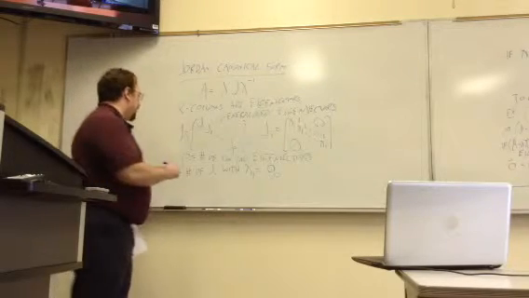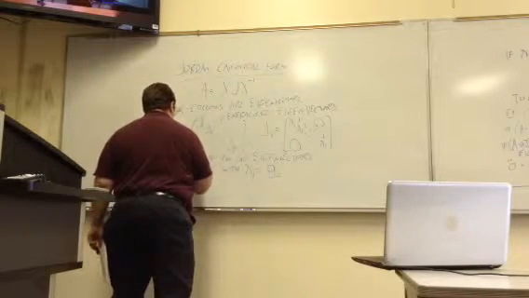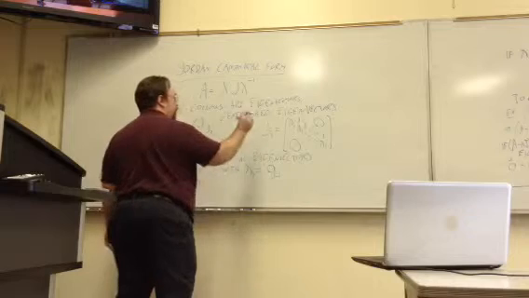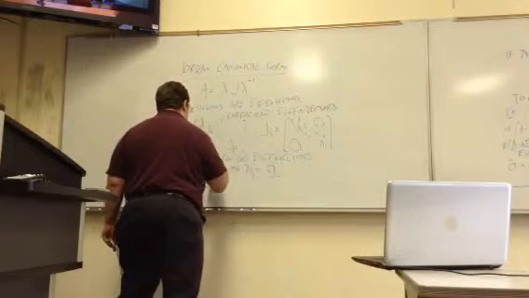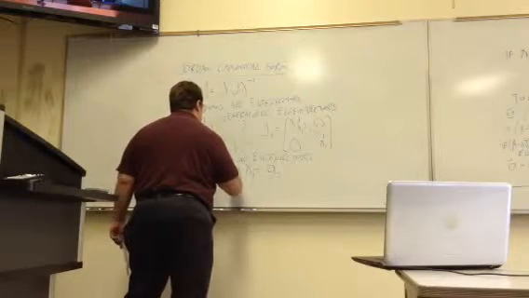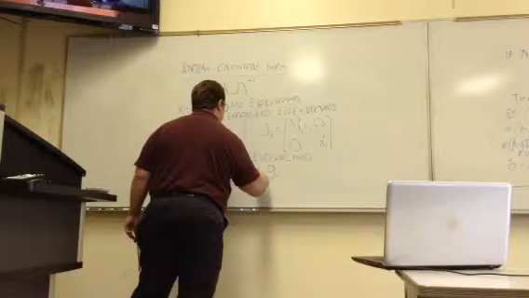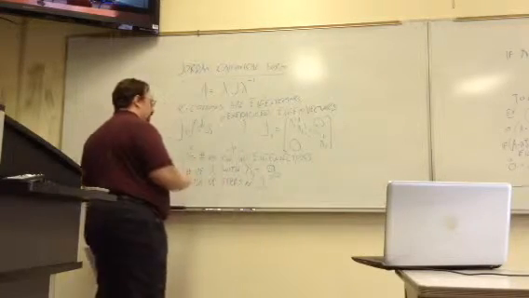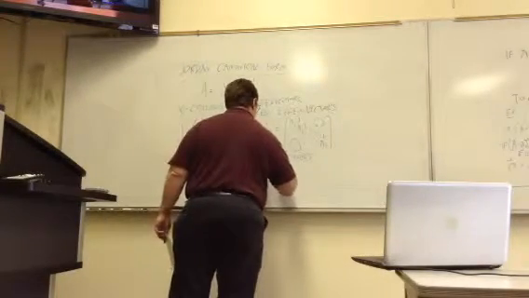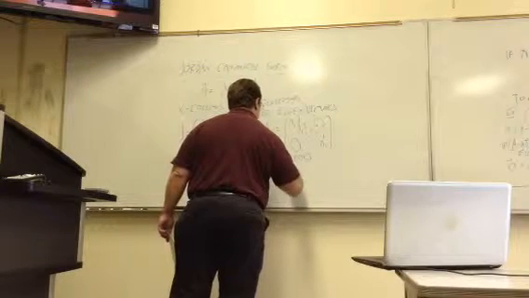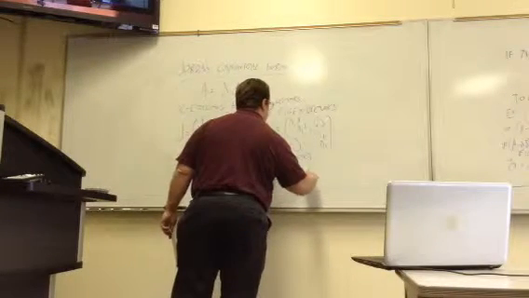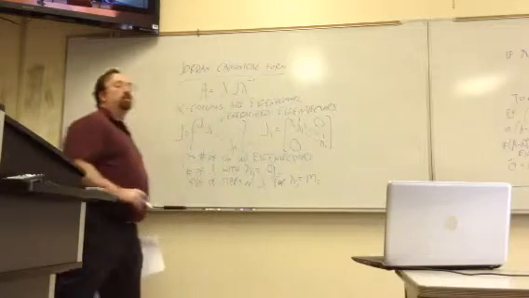Another thing you can say is, suppose you take all the Jordan blocks for a particular eigenvalue. The sum of the sizes of your Jordan blocks for a particular eigenvalue lambda j is equal to the algebraic multiplicity.